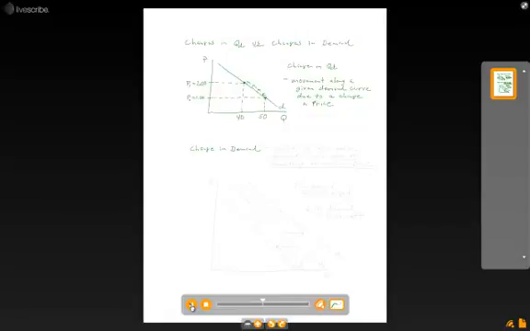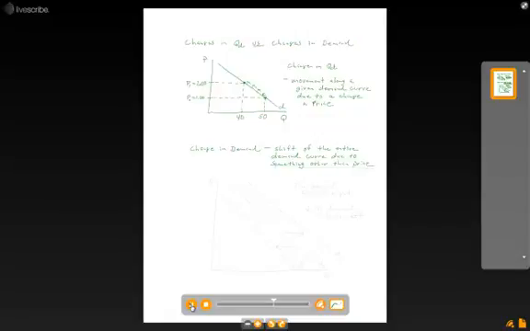When we say that demand has changed, we mean that there has been a shift of the entire demand curve due to something other than price.